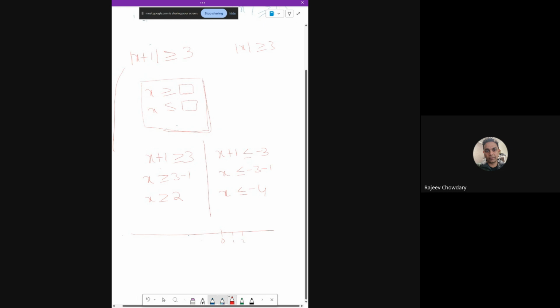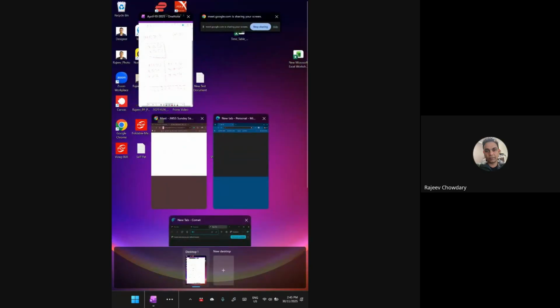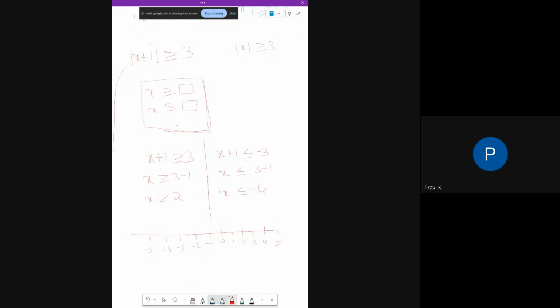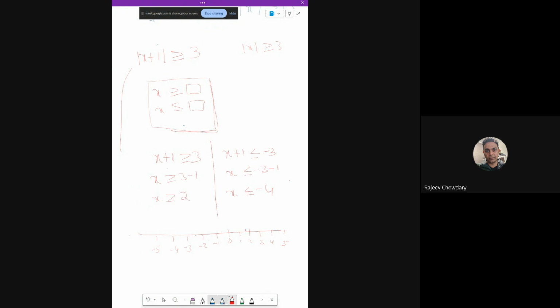Zero, 1, 2, 3, 4, 5, -1, -2, -3, -4, -5. X is greater than or equal to 2, so I come to 2 and put a filled dot, because it's equal to, and the line goes this way. And x is less than or equal to -4, so minus means left of -4.